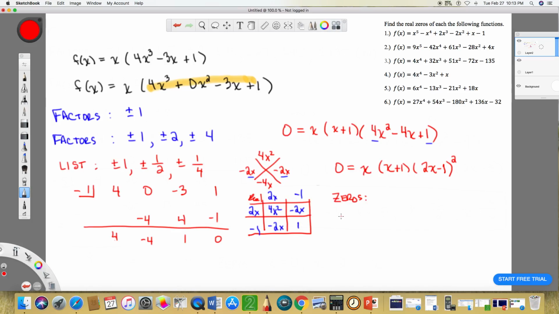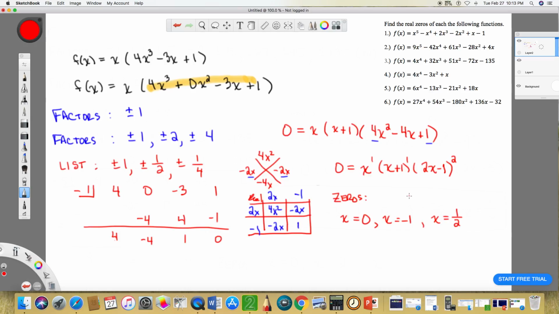This single factor of x produces 0 as a 0. This factor produces -1 as a 0. And here in 2 steps, if you add 1 and divide by 2, you have 1/2 with a multiplicity of 2.